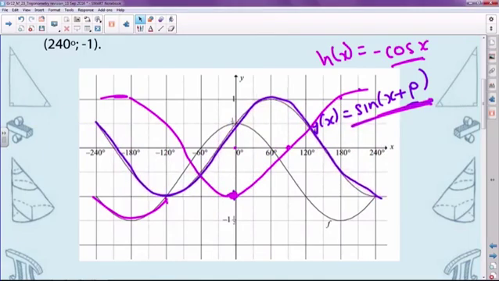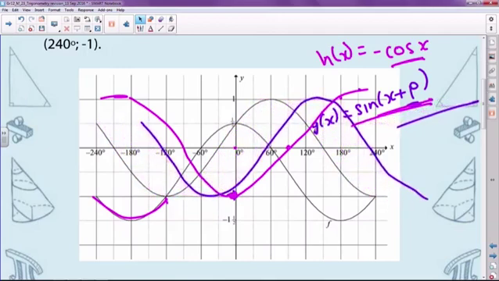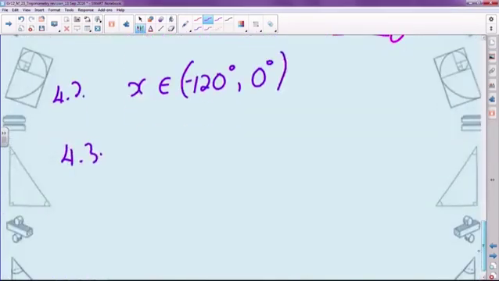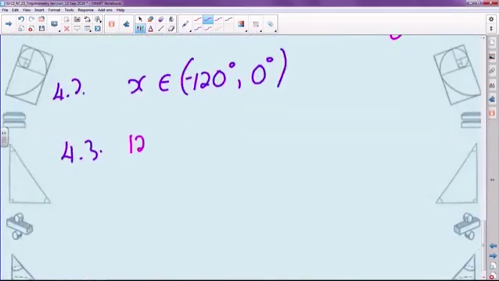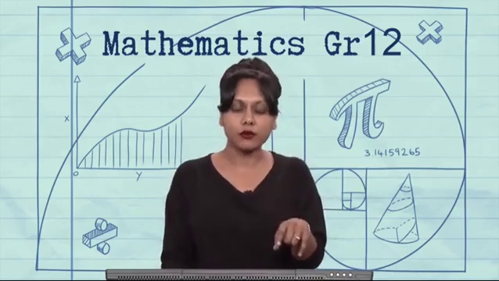If I move this sine graph, sine of x plus 30 degrees, 120 degrees to the right, I end up with the negative cos x graph. Certainly other transformations could give you the same answer, but the one answer here is move the graph 120 degrees to the right. There is more than one way, however, guys, to get to that same answer.